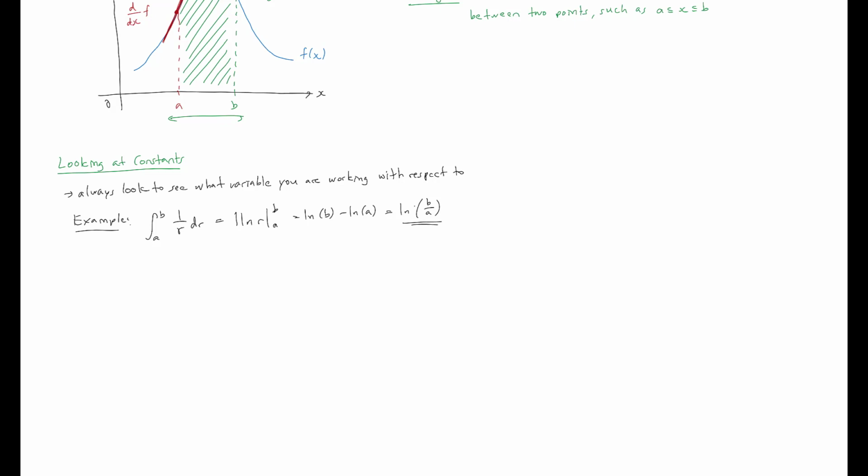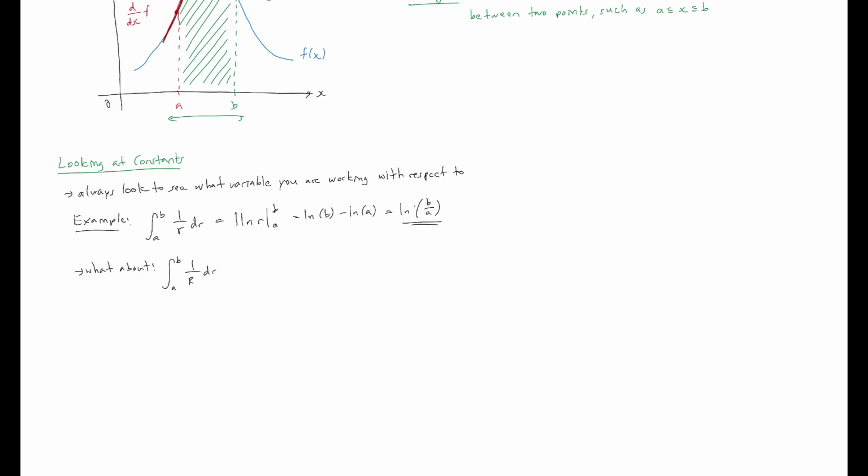Now we compare to another integral. This one's very similar, but we've changed one of the values. So what about the integral from a to b of 1 over capital R dr?